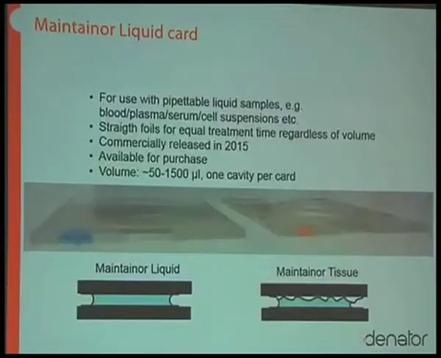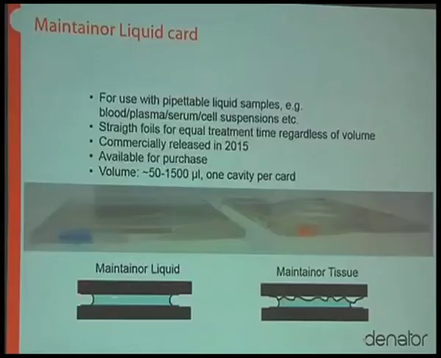It's also possible to do the more liquid samples, like cell cultures, plasma, blood, CSF, something like that. So we have a card, we call it maintainer liquid. The tissue had a dome shape to be able to fit around a physical sample.